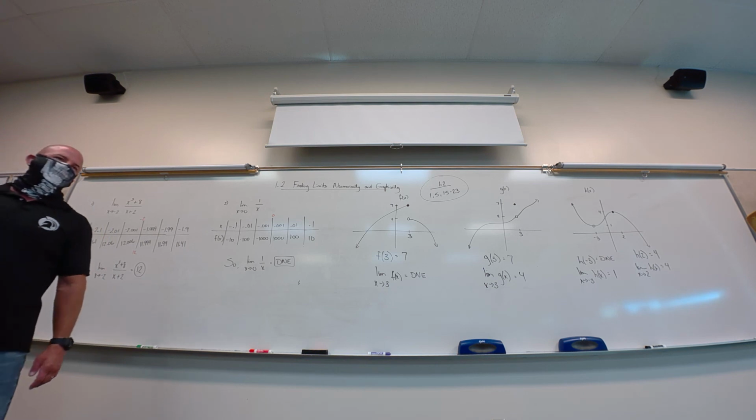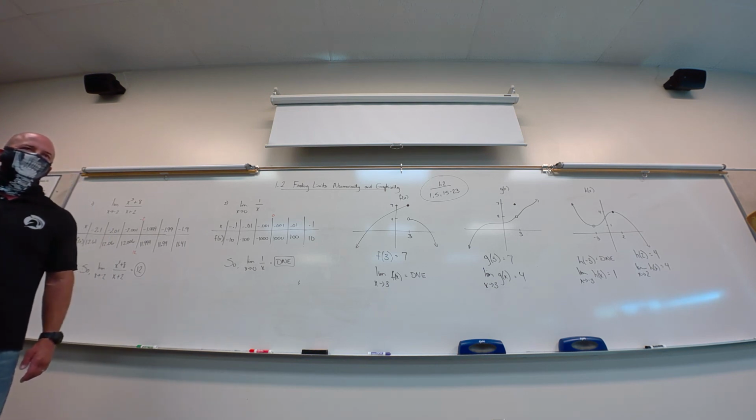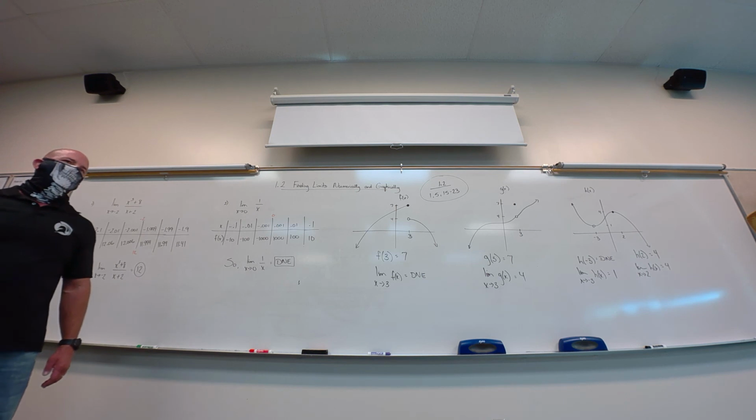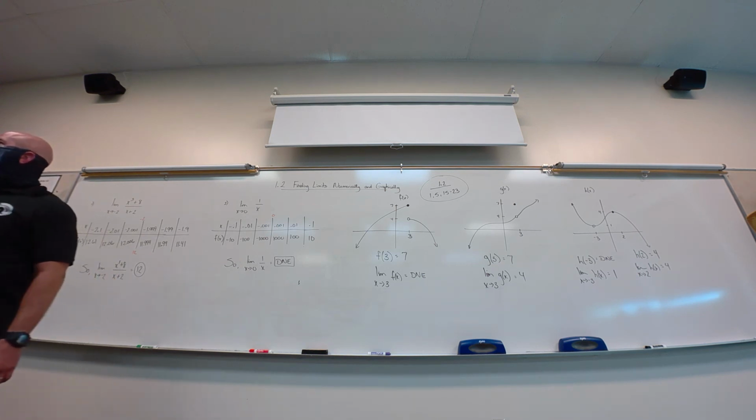I'm just too lazy to write odd every time. So it's 15 through 23 odd. So 15, 17, 19, 21, 23. Reason odds, answers are in the back of your book. You can check so you know what you need to ask about.